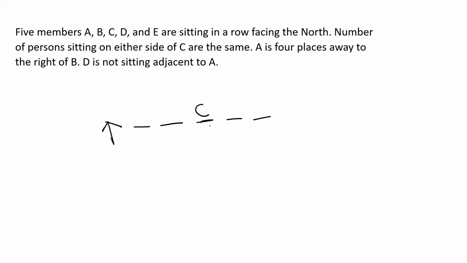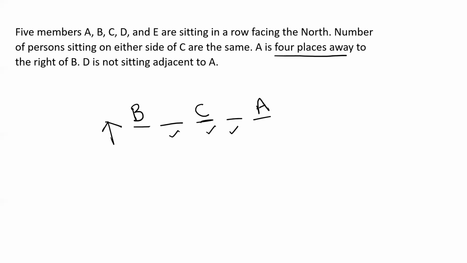Let us look at the next one. A is 4 places away to the right of B. We know that 4 places away means that there should be exactly 3 members sitting between A and B. As A is 4 places away to the right of B, let me fix B here. Let us leave 3 places, 1, 2, 3.